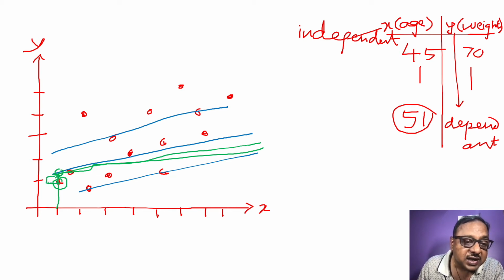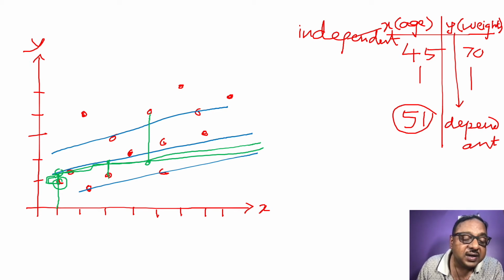Similarly, if you take this point, this is the predicted value and this is the actual value, so this is the error in my calculation. If I take any other point, there is a difference between the actual value and the predicted value, and that difference is the error.